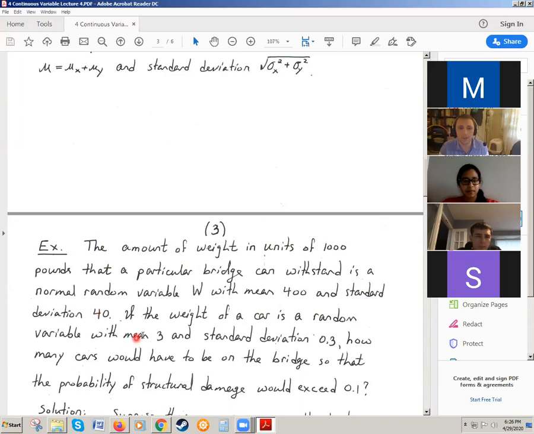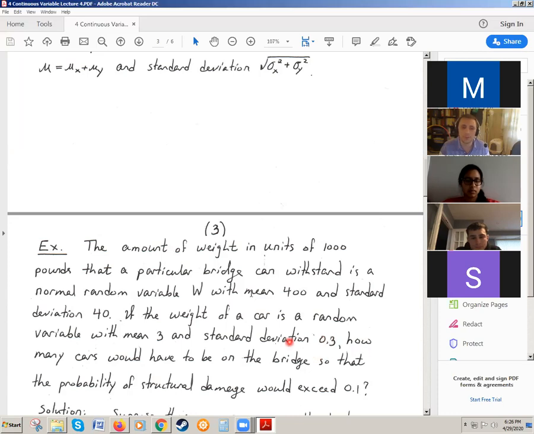And then the question is the following, right? The average weight of a car is a normal random variable with mean equal to 3 and standard deviation equal to 0.3. The question is to estimate how many cars we must have on the bridge so that the probability of structural damage exceeds 0.1.